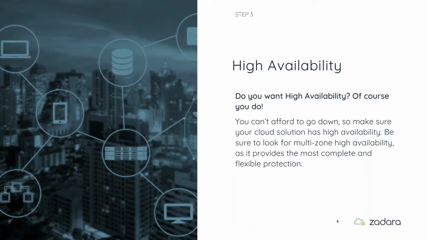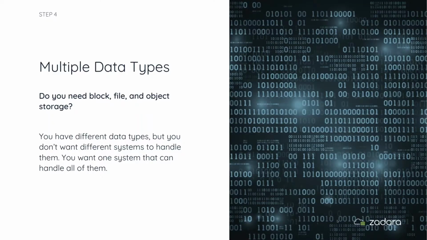All right, very good. Let's talk about step 4. Again, this is the world we live in. There are multiple data types. We all know that we encounter and have to manage block, file, and object storage. In some cases, we find there are cloud providers that have different systems to handle these different data types. Ideally, you want one system that can handle all of them.